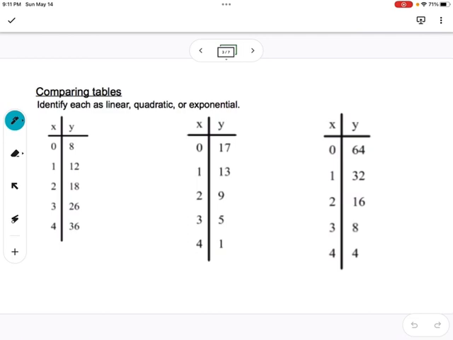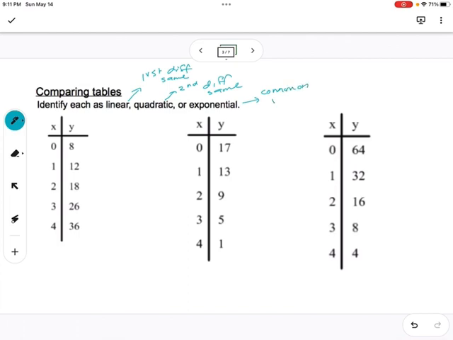Okay, so comparing tables. Identify each as linear, quadratic, or exponential. Okay, so like I said before, our linear is going to be our first difference is the same. Quadratic is the second difference is the same. And our exponential, our common ratio.